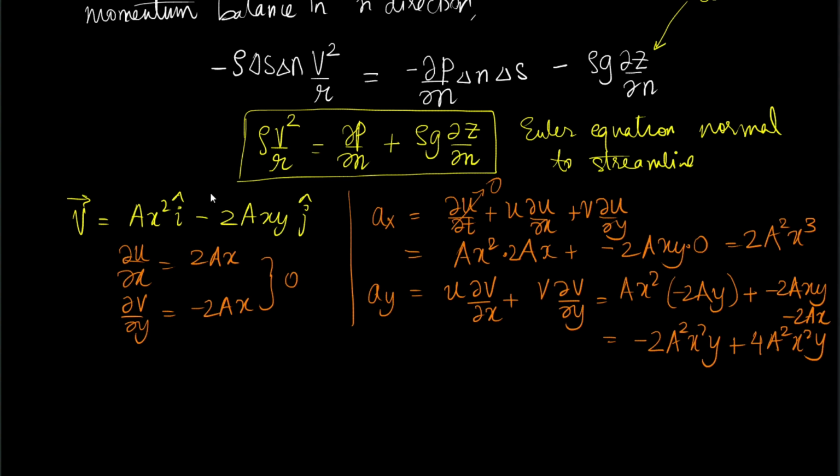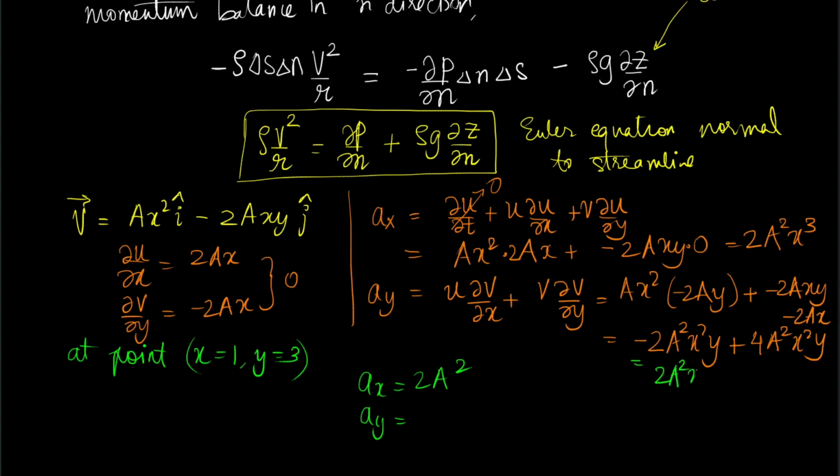Let us in fact find everything out at the point x equal to 1 and y equal to 3. At x equal to 1, a_x becomes 2a square, and a_y is essentially 2a square x square y.